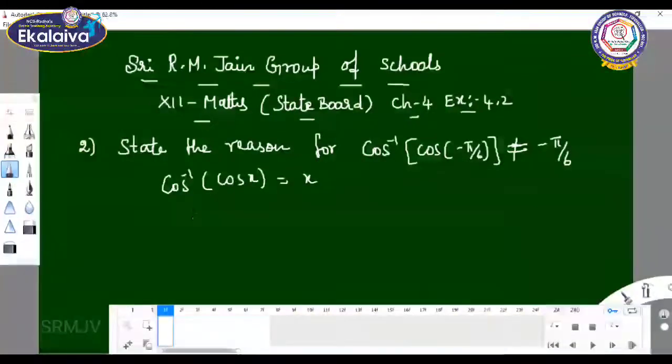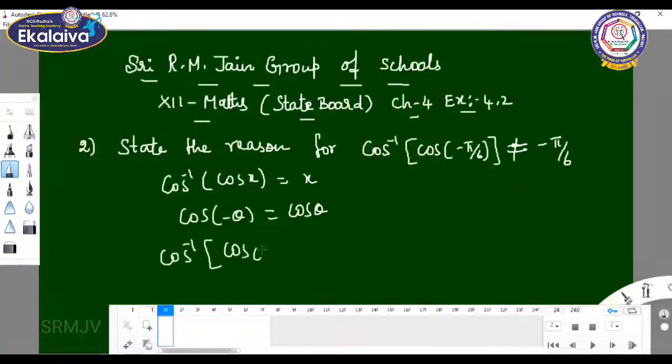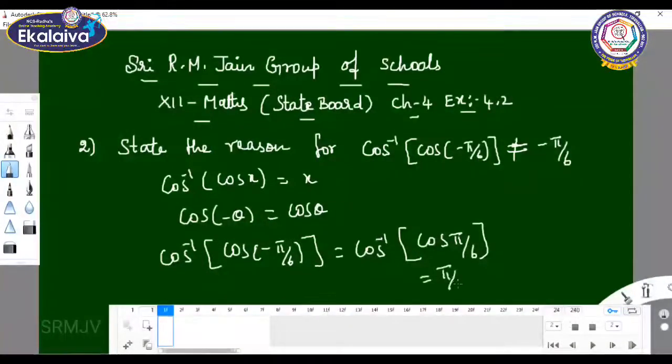X. Same thing. Cos of minus theta equals cos theta because it is an even function. So cos inverse of cos of minus pi by 6 equals cos inverse of cos pi by 6, and the answer is pi by 6.